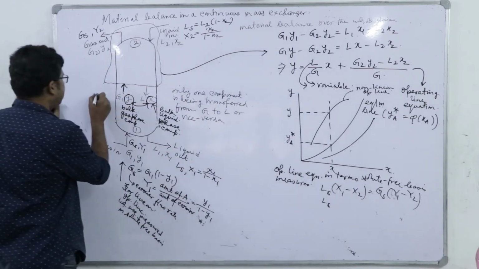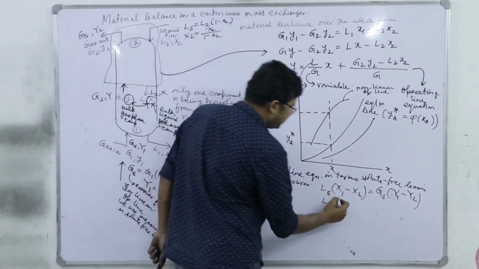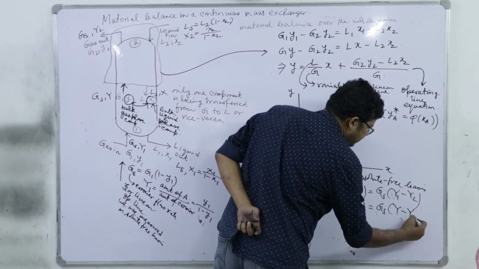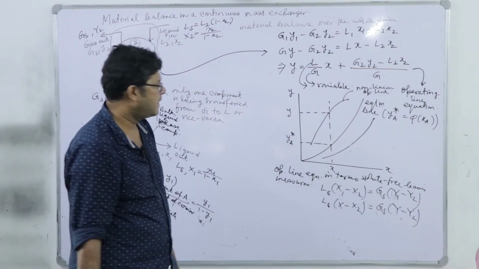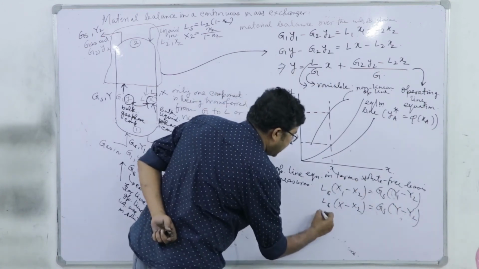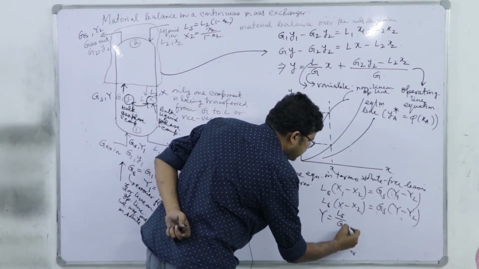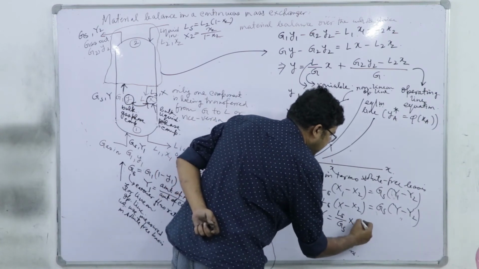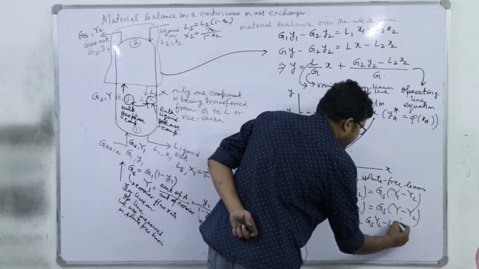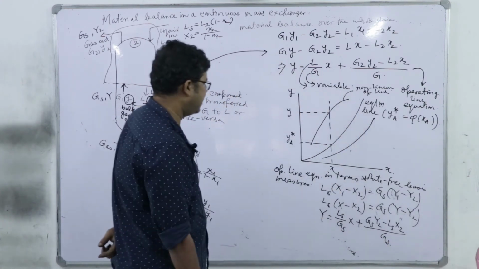We will use this GS and Y, and here LS and X. So, LS into X minus X2 is equal to GS into Y minus Y2. So, you see this LS (X minus X2) and GS (Y minus Y2). Now, we have Y is equal to LS by GS into X plus (GS into Y2 minus LS into X2) divided by GS. So, it is a straight line because GS and LS are fixed.